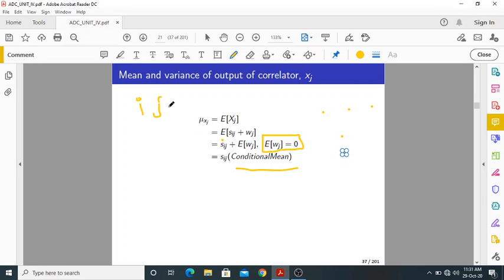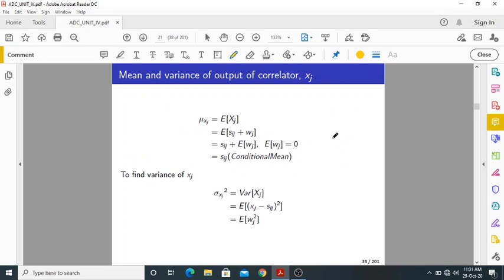It is something like xj, what is received, given what is transmitted. Both should be known to us. Now this is the mean.